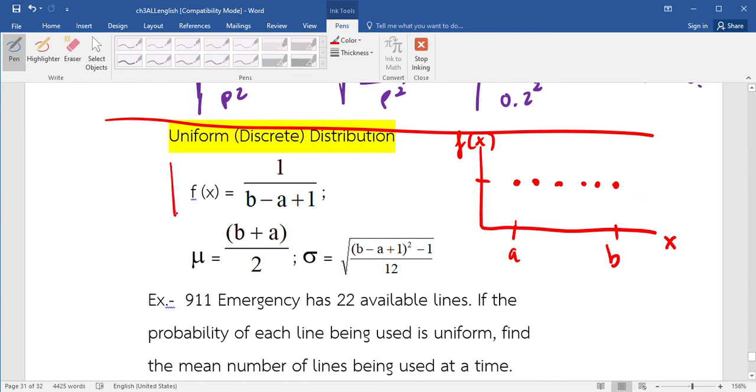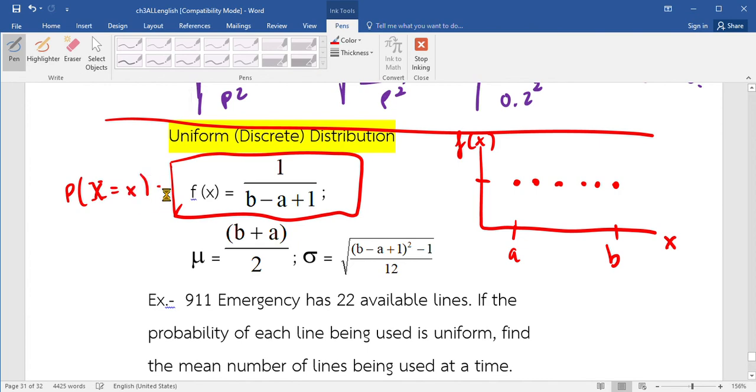The probability that x equals a given x value can be found from 1 over b minus a plus 1. And b is the higher limit, and a is the lower limit. This is the probability that x takes on the value of x.